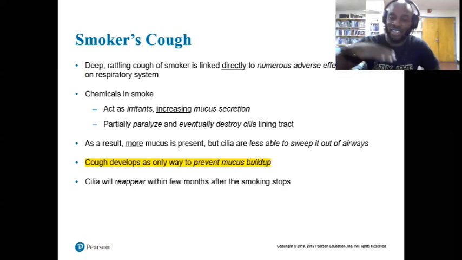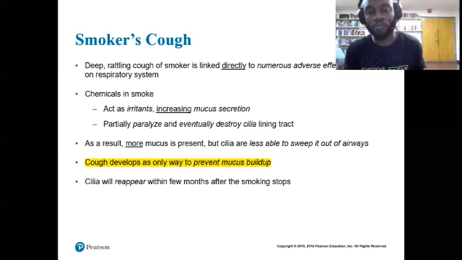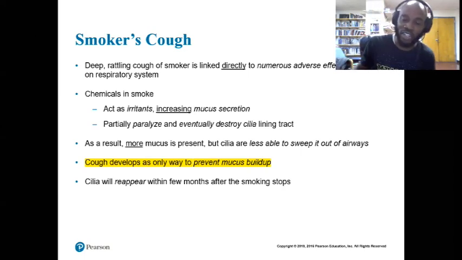So now that the cilia are dead, you can't move that mucus, so that mucus gets stuck. And remember, if anything gets down to your carina or gets stuck in your trachea, your body tries to cough it out, just like I was talking about with the water. If I drink water and it goes down the wrong pipe, so to speak, you develop this violent cough, that smoker's cough, that deep cough. So you don't want that. It's not sexy.